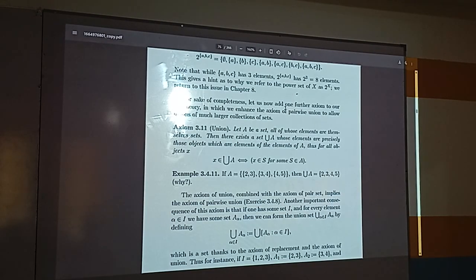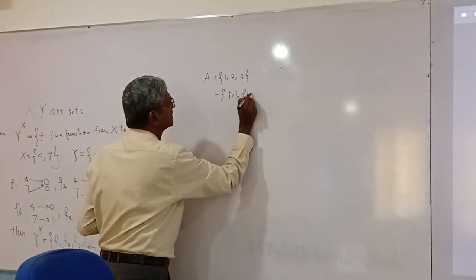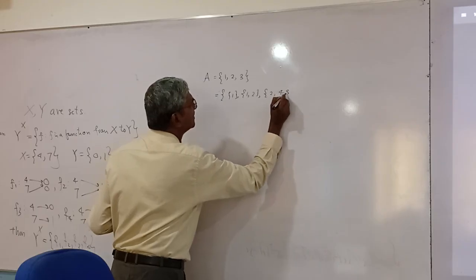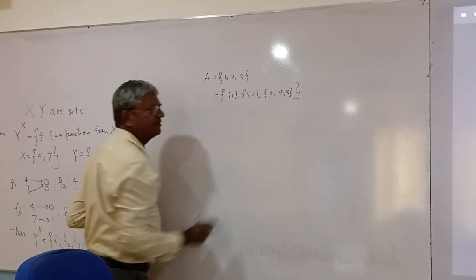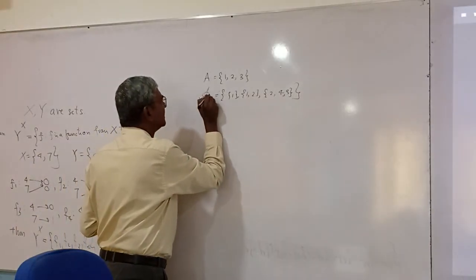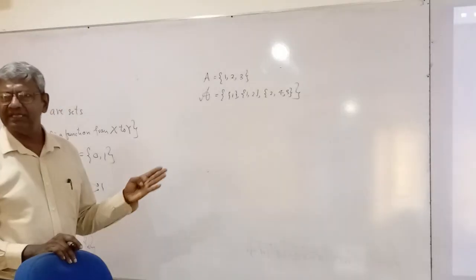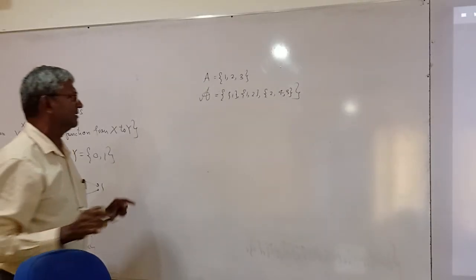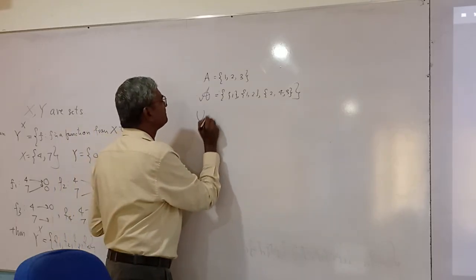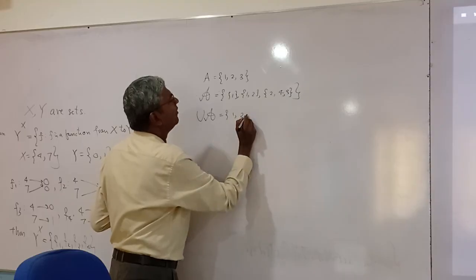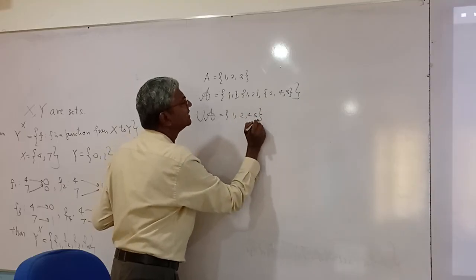But if you want to write a set containing singleton 1, the set consisting of 1, 2, the set consisting of 2, 4, 5, we usually don't write capital A. We write script A to make sure that as soon as you see it, you know it is a set of sets. So union script A is then 1, 2, 4, 5.